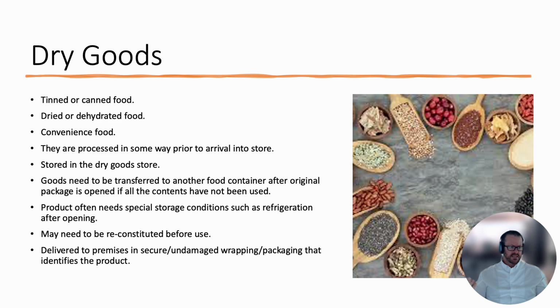A lot of products that come in cans are essentially convenience products, and again, heat treated and sealed for longer storage. Maybe it's dried or dehydrated foods. Dried foods could be dried beans, dried fruits, dried berries. Dehydrated foods might even include freeze dried. We could be talking about fruits there, and they might be used for a variety of things.